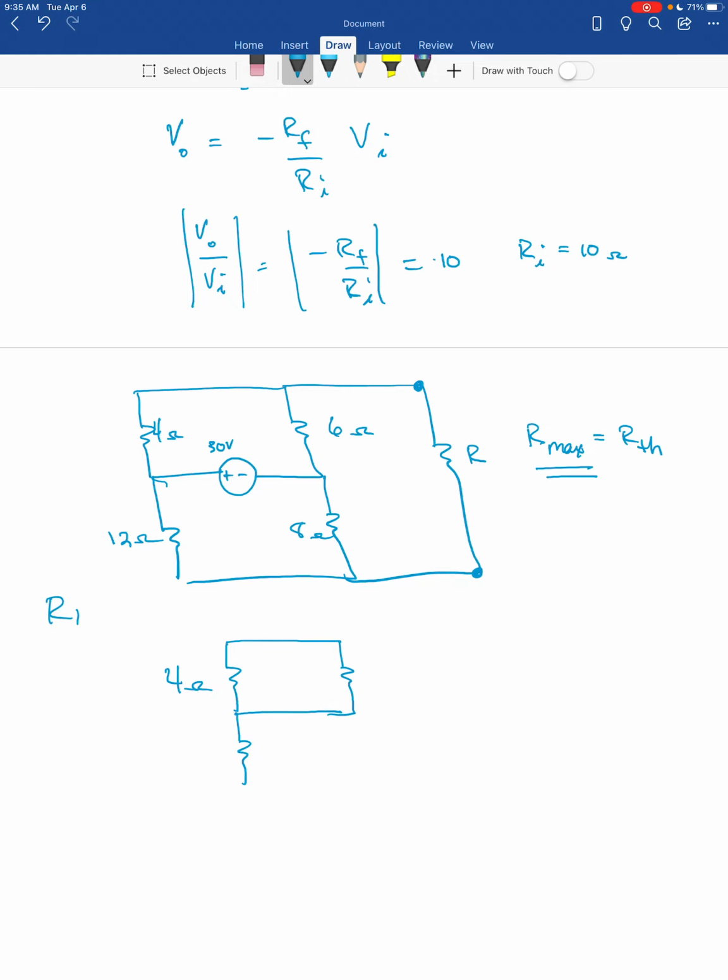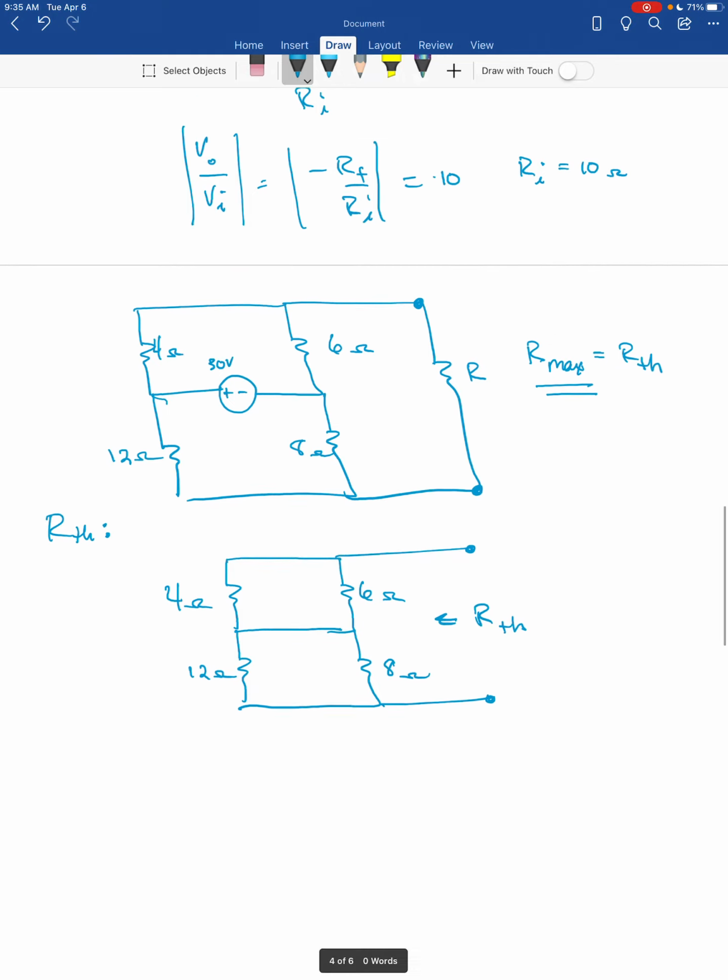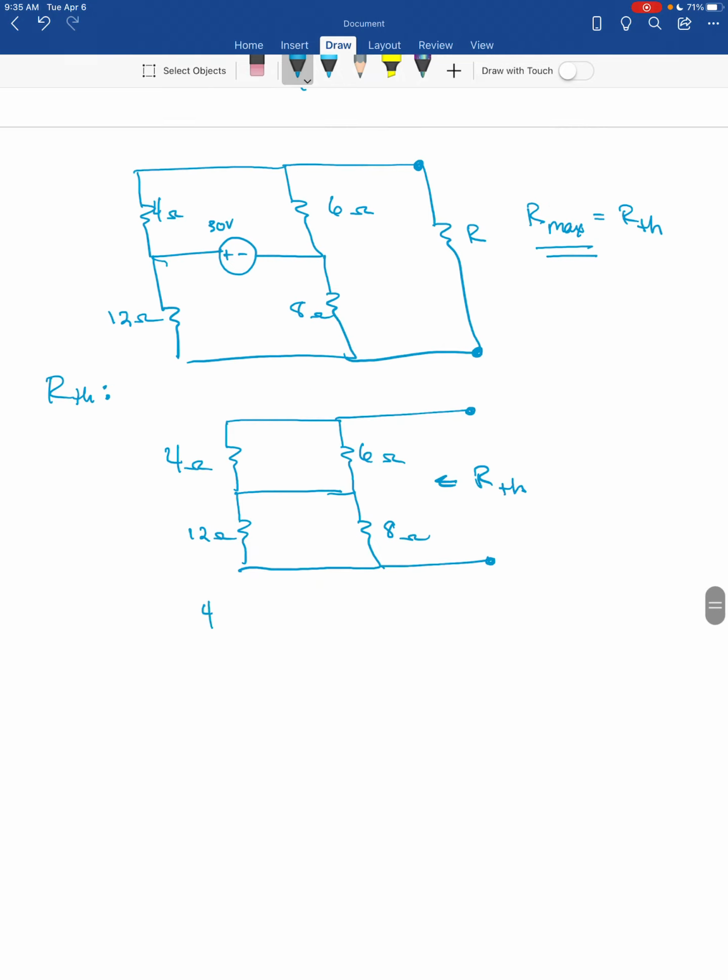So we just replace that 30-volt source, so this is for R Thevenin, with a short, leave everything else just the same, and so what we want is R Thevenin looking right in here.